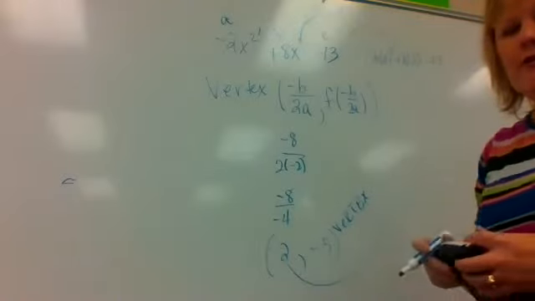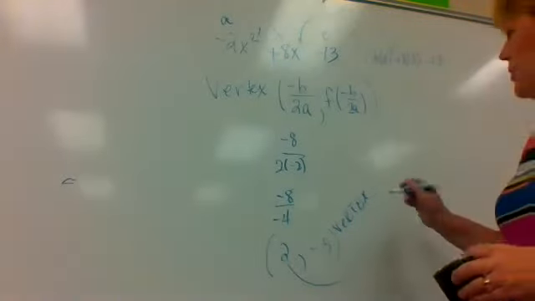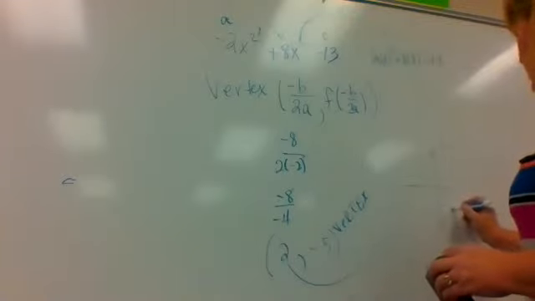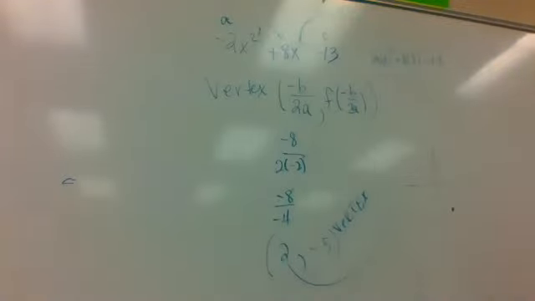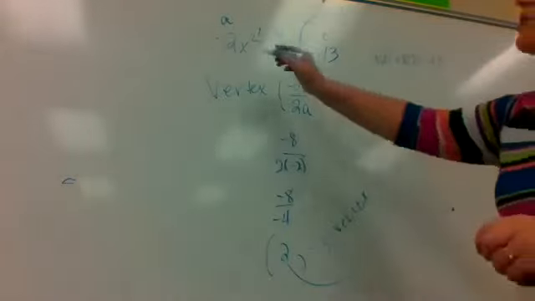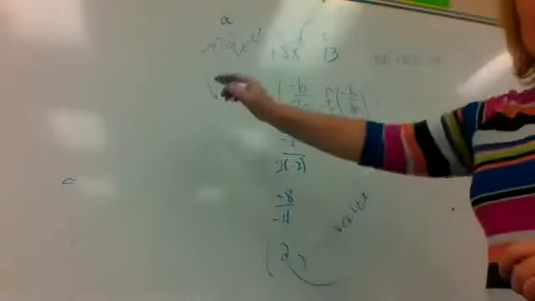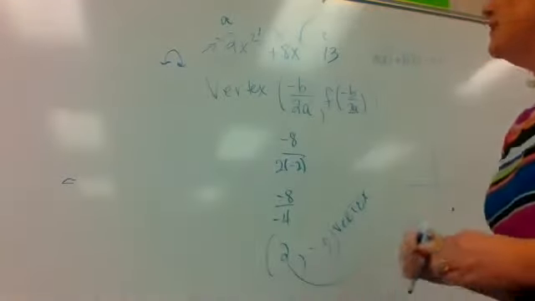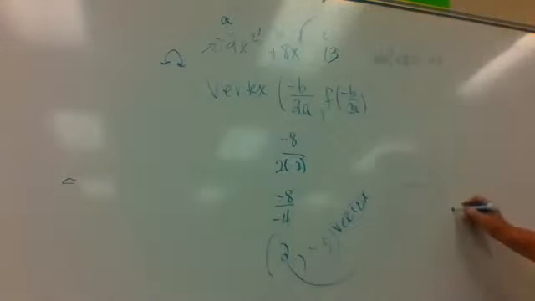When you turn your graphing tool on your computer, you're going to go to 2, negative 5, and put a dot. Now, because that 2 is negative right there, it means it's an upside down parabola. So when you put your dot on there, you're going to drag this direction.